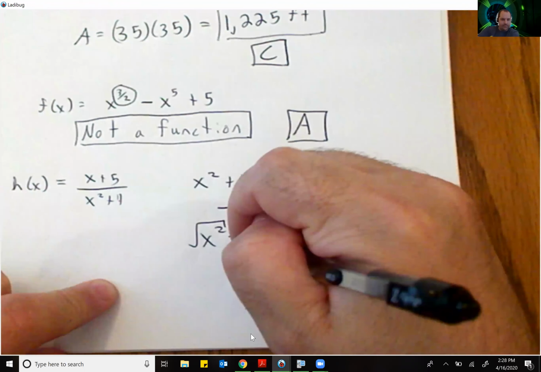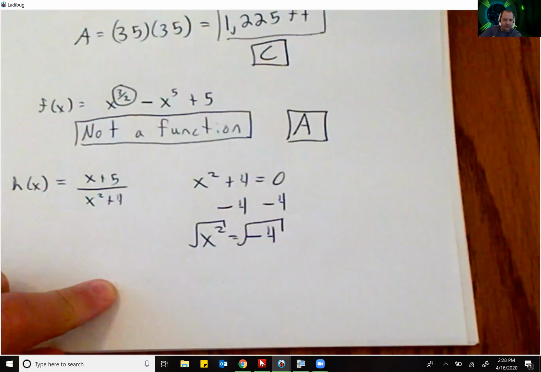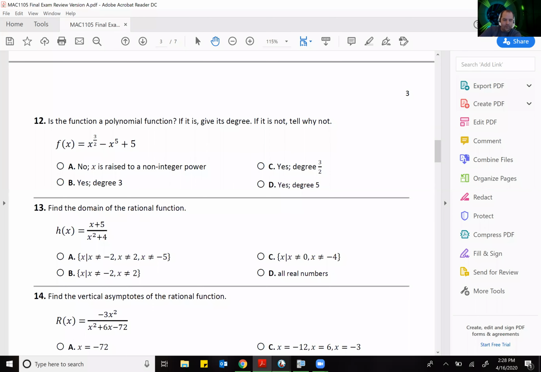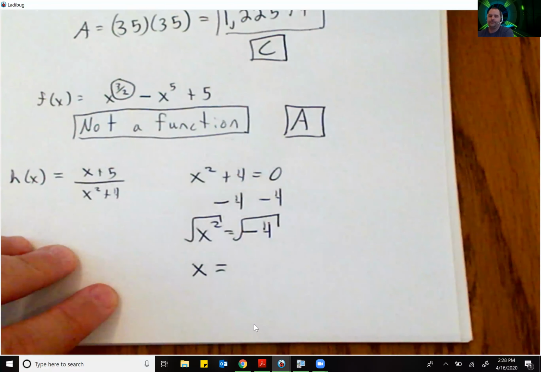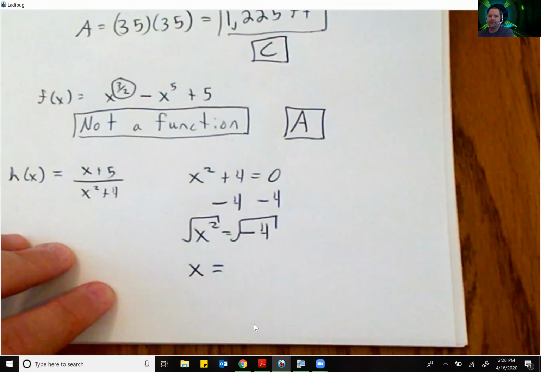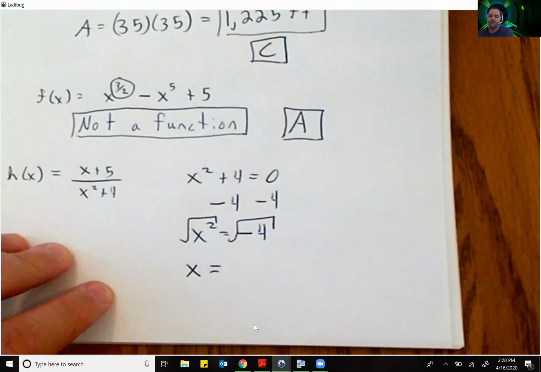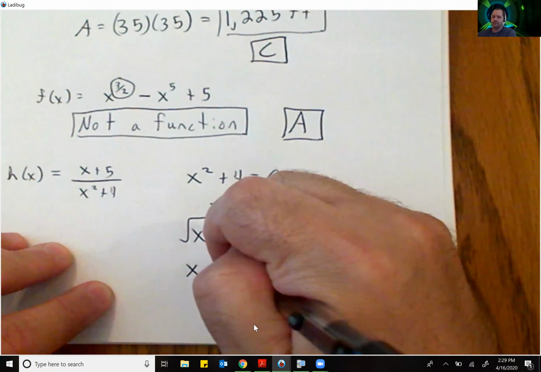Square root. It is a plus or minus, right? Just want to double check something. Yeah, okay. So we get x equal to plus or minus, okay, plus or minus. I like the plus or minus idea.